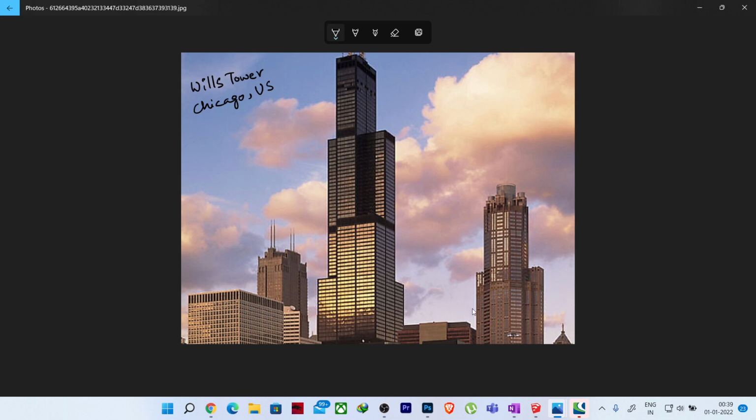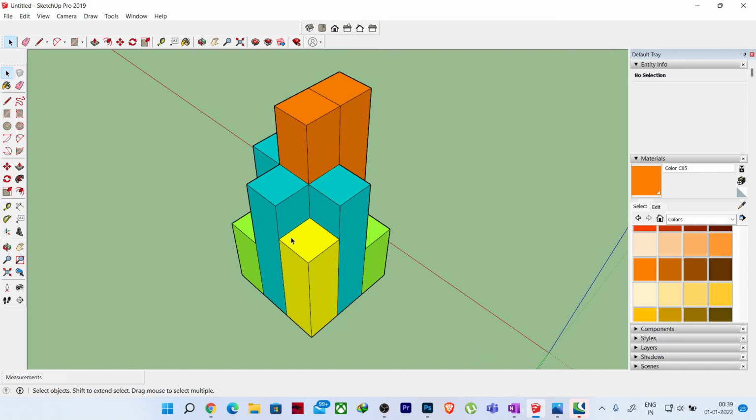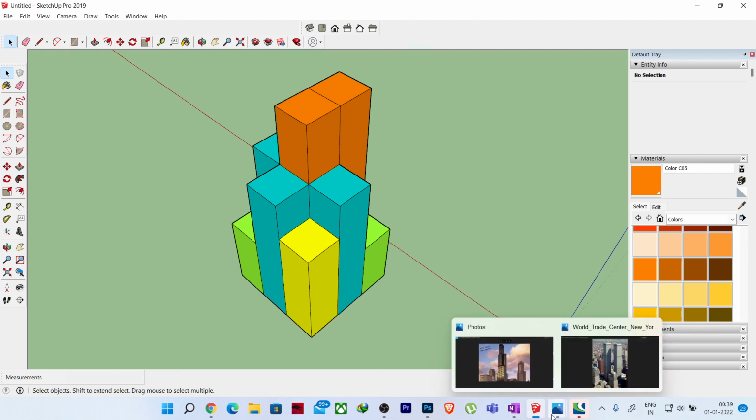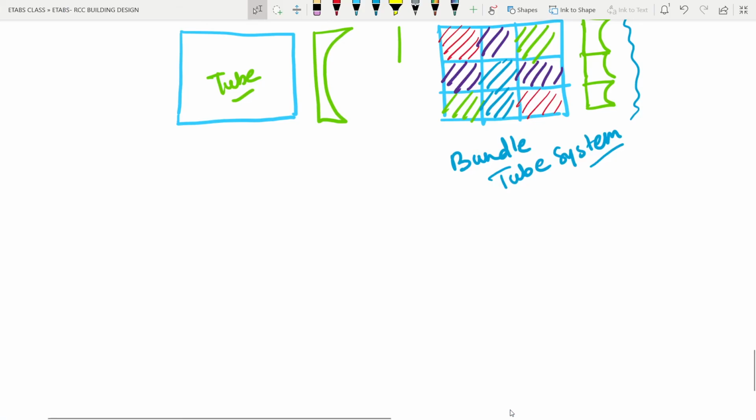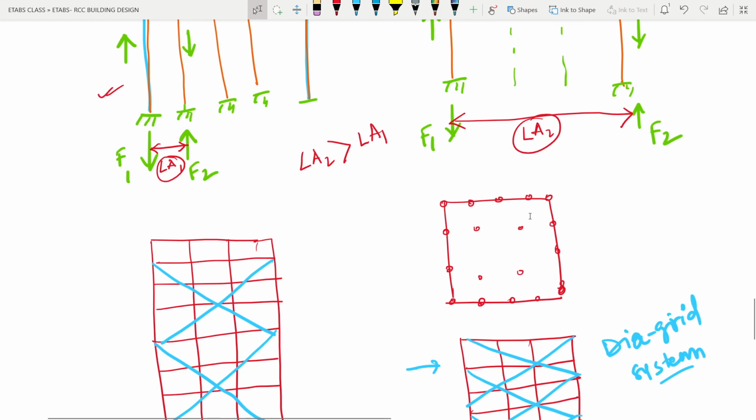So this is how the structural system evolved with the height. In case of the perforated system, we can use the whole floor system here. In case of the exoskeleton system, here also we are getting a very high floor area.